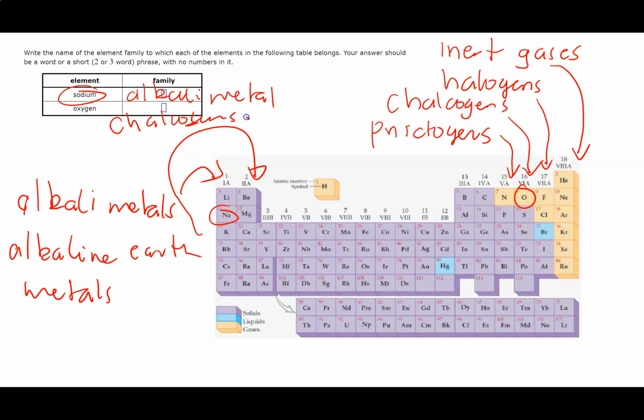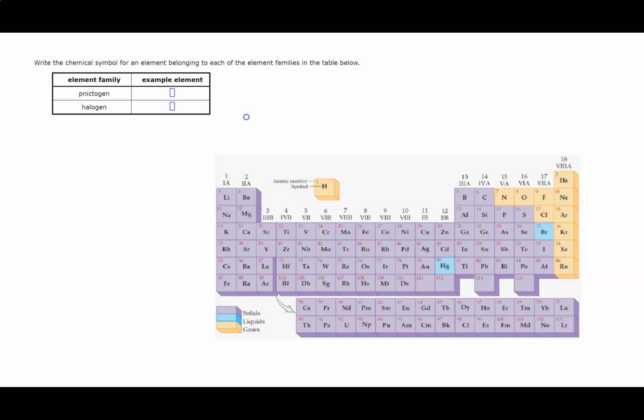Okay. We're going to do the same thing again, but it says write the chemical symbol for an element belonging to each of the element families listed in the table below. So in this case, we're given the element family, and you have to give an example element, and they want a symbol, not a name. So always be on the lookout for symbol versus name.